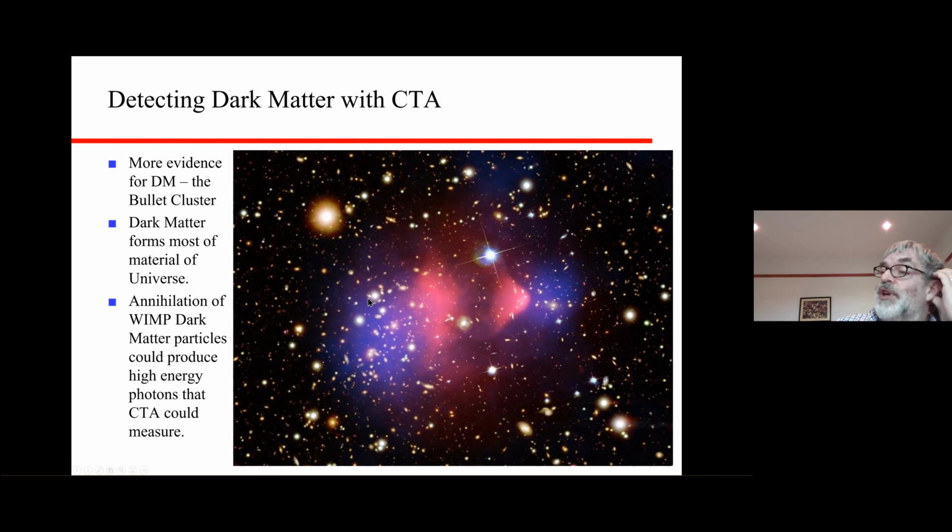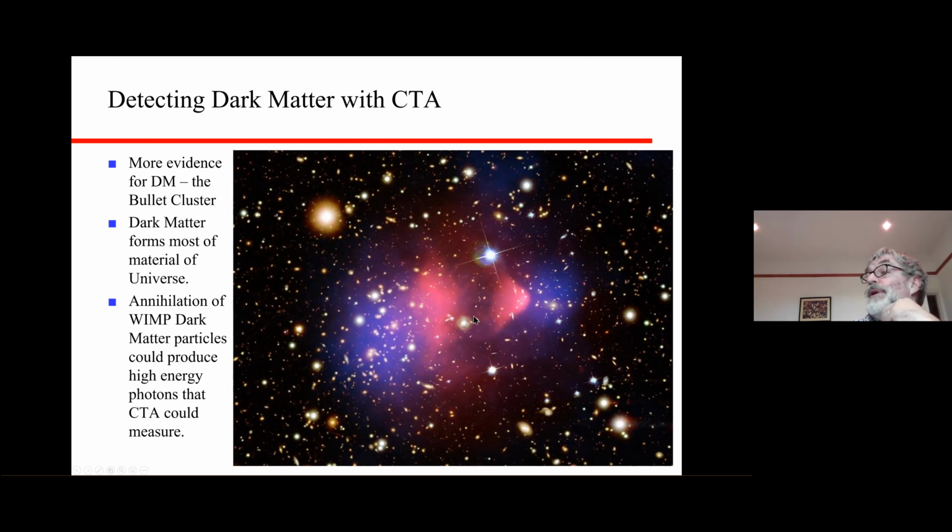So that gravitational lensing technique has been used to produce an image here, which shows you where the mass in this cluster is concentrated. So the mass here extends through the blue area, the mass here, through the blue area here. The X-rays, which come from normal matter, are here and here.